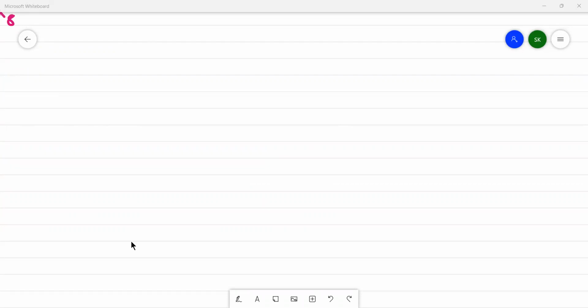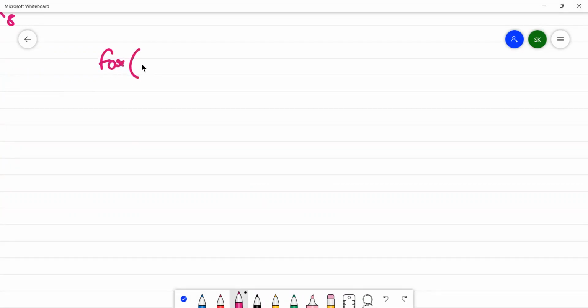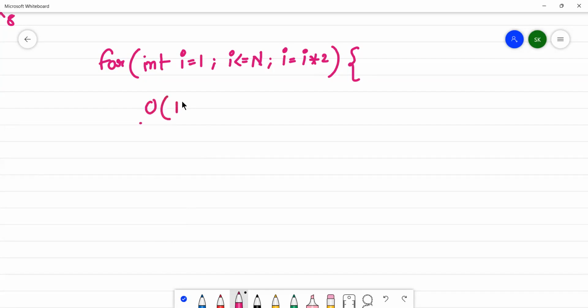Now I will give you one more program. Inside this, I am assuming that some order of one statement is getting executed, and that's it. Can anyone tell me what will be the time complexity for this?